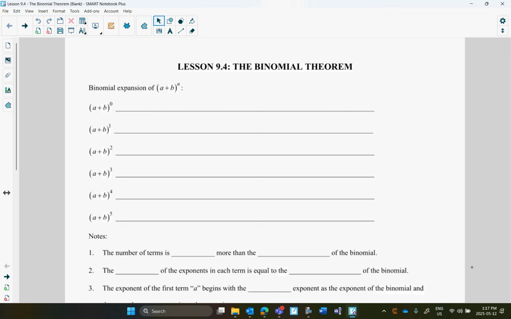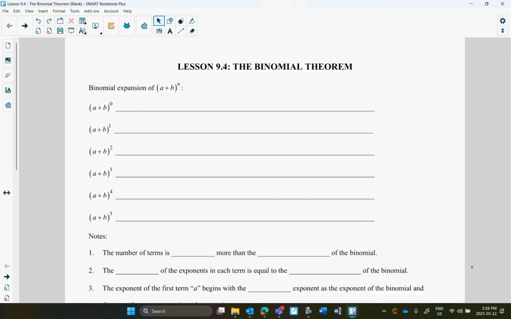This last lesson is really just an algebra lesson, a type of algebra we can do knowing the combinations formula. It deals with binomials, specifically taking a binomial, two terms, and raising it to some exponent.